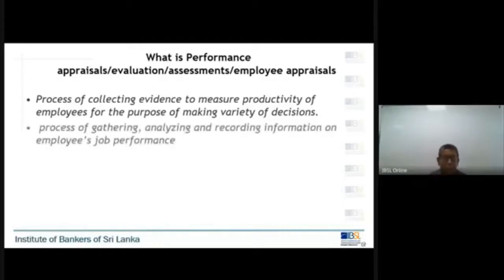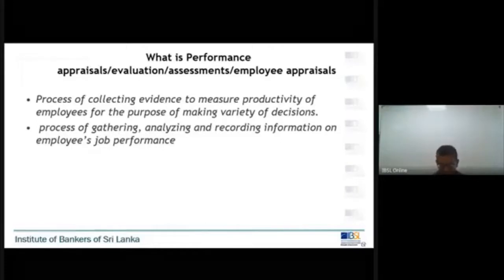So performance evaluation or performance appraisal is gathering, analyzing and recording information about your employee's job performance.